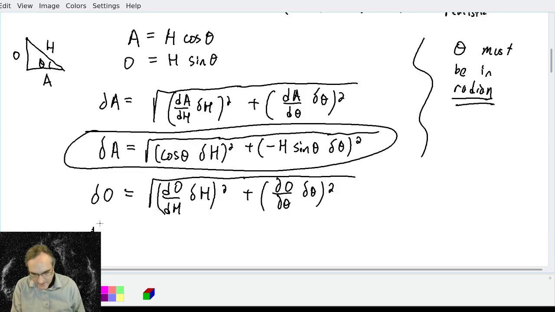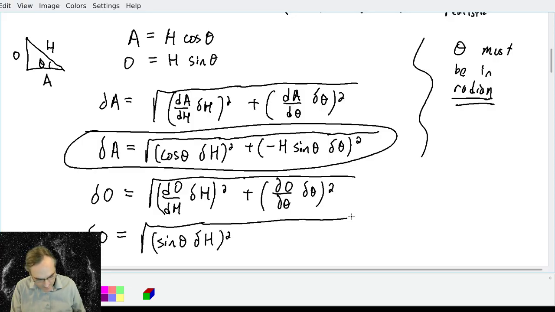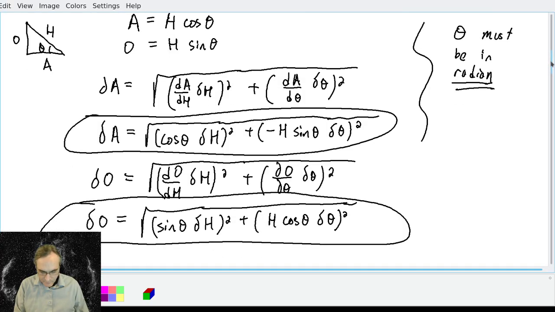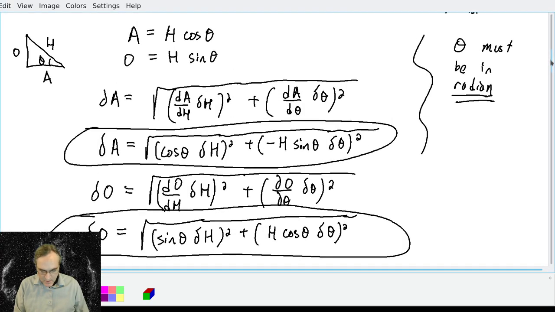And this one's a little bit easier because the derivative of sine theta is simpler to think about. No minus sign. Okay. So this idea just extends however many parameters you have.